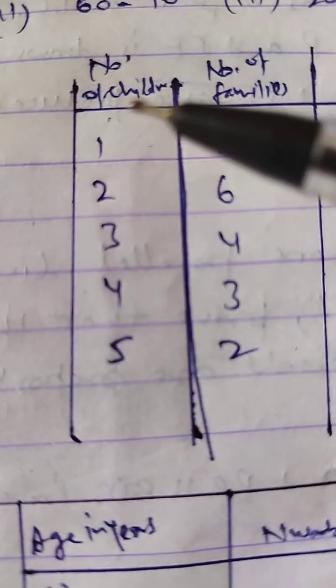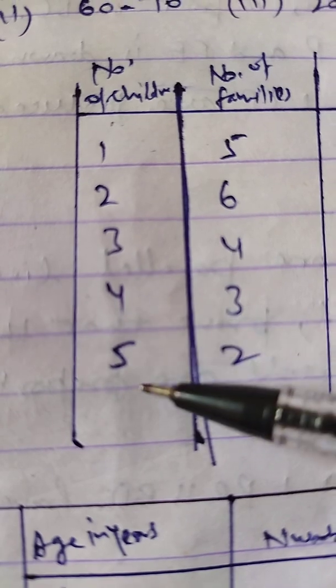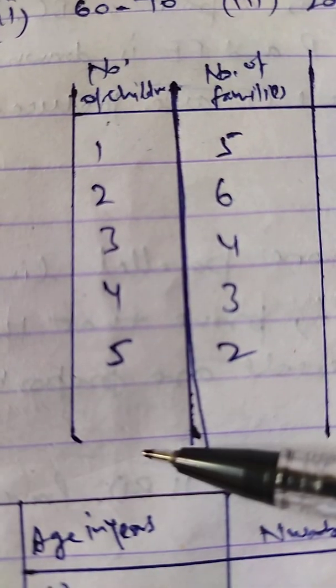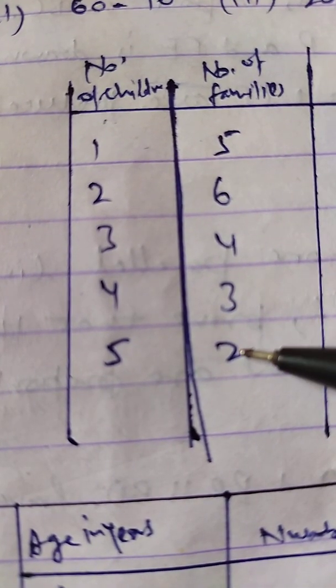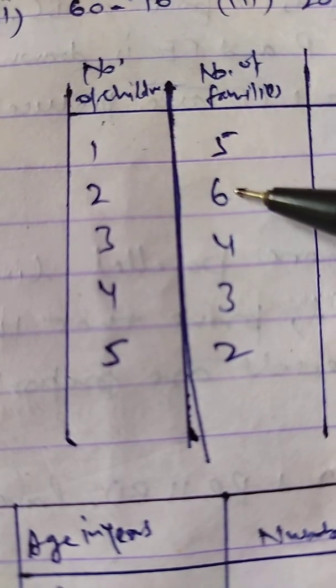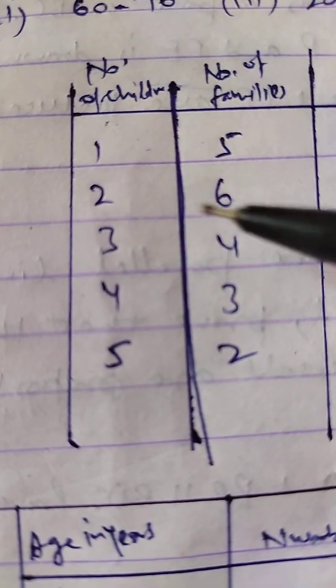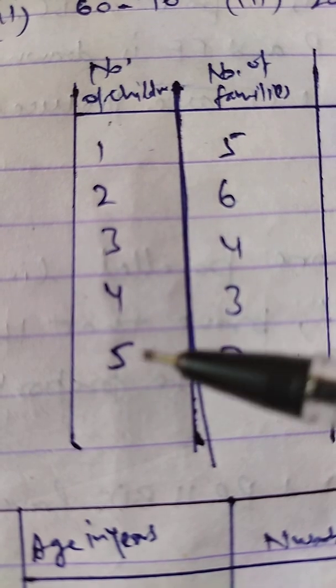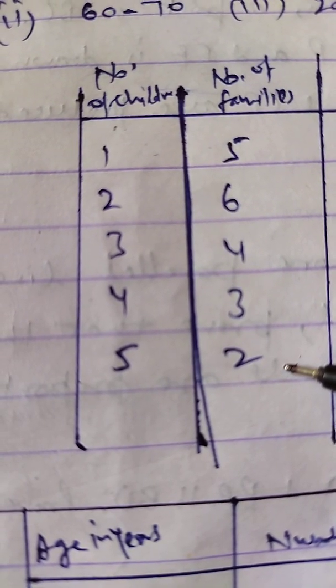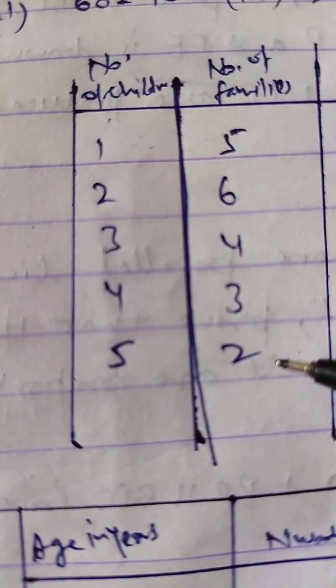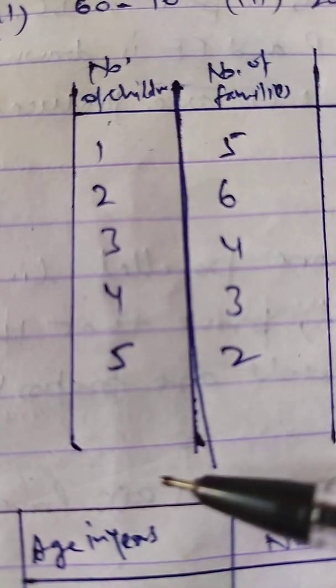So what I did, I have written 1, 2, 3, 4 and 5. These are the number of children, and these are the number of families. So 1 child is there in 5 families, 2 children are there in 6, 3 and 4 in 3, and 5 in 2 families. So this is the information I have tabulated from this graph.